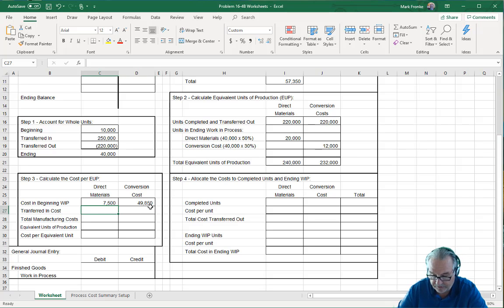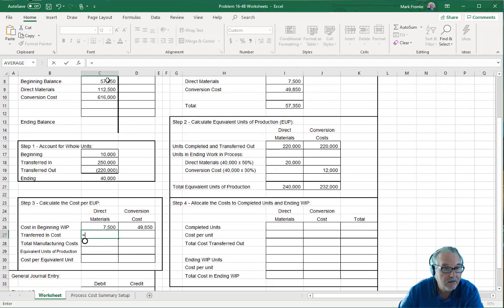Then during the month, we brought in 112,000 in direct materials. This is from the debit side of that T account. And we brought in $616,000 worth of conversion cost.